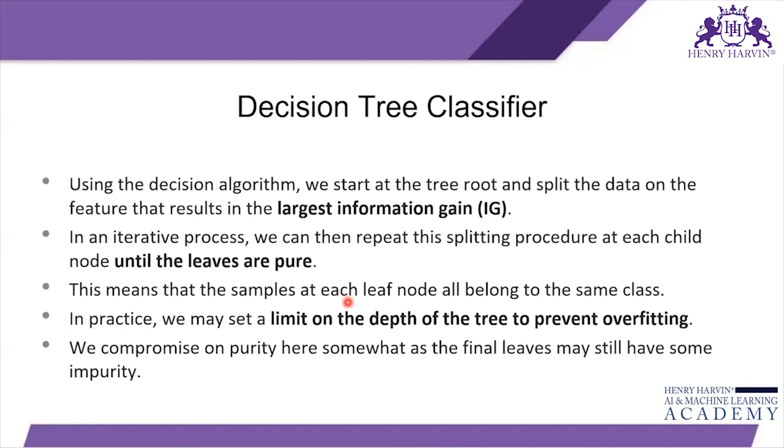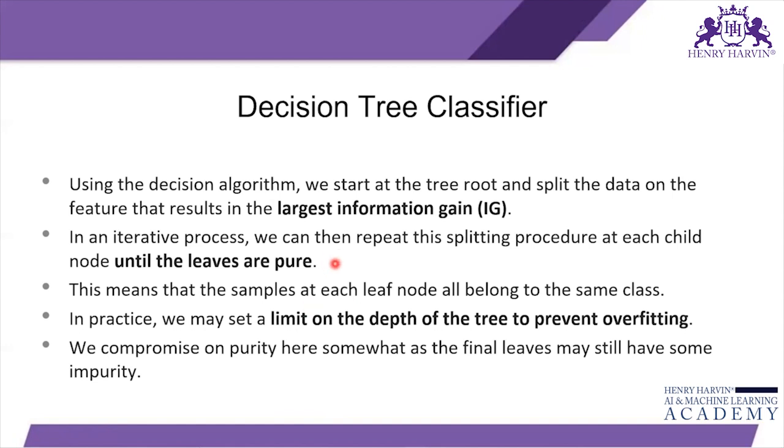This means that the samples at each leaf node belong to the same class. In practice, we may set a limit on the depth of the tree to prevent overfitting. We compromise on purity here somewhat, as final leaves may still have some impurity.